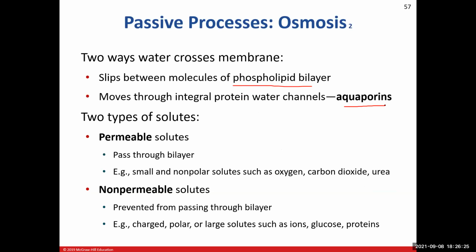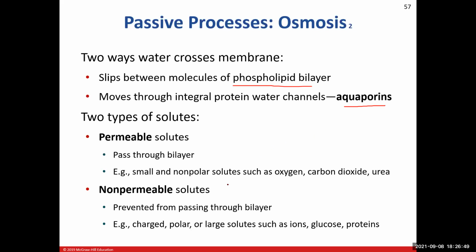So now we're going to deal with solutes in a moment, because remember what I said, osmosis is the movement of water, but not the movement of solutes. But the solutes are going to influence that movement of water. So there are two types of solutes, permeable solutes and non-permeable solutes. Permeable solutes, as we talked about in diffusion, will pass right through the lipid bilayer.